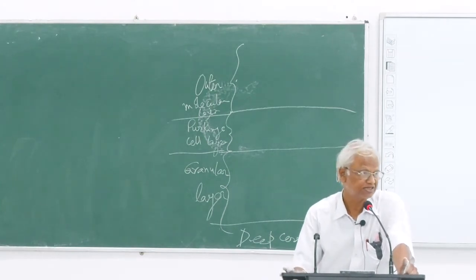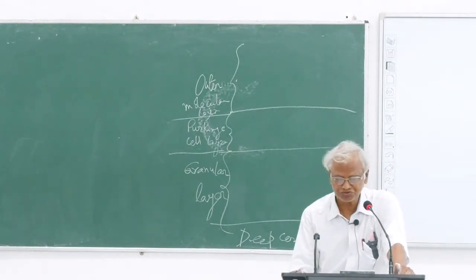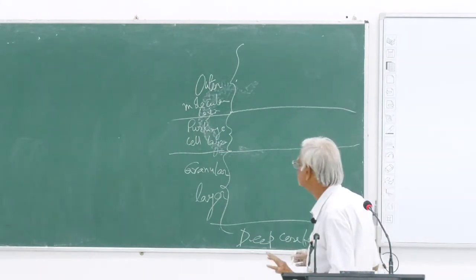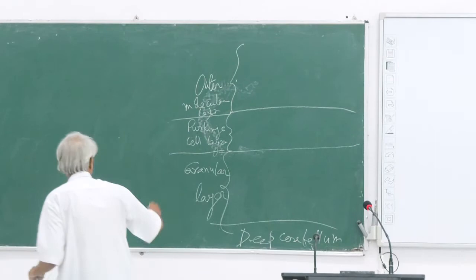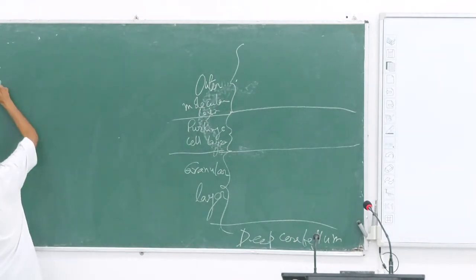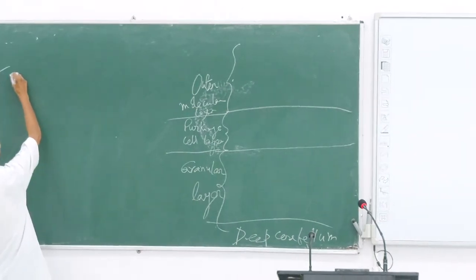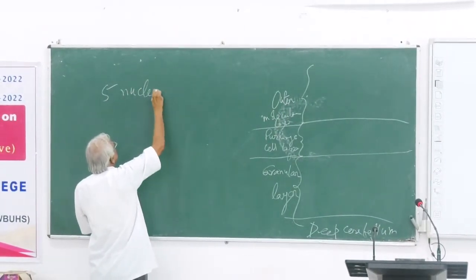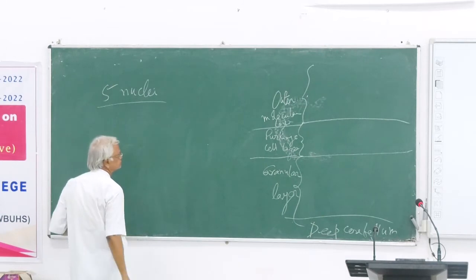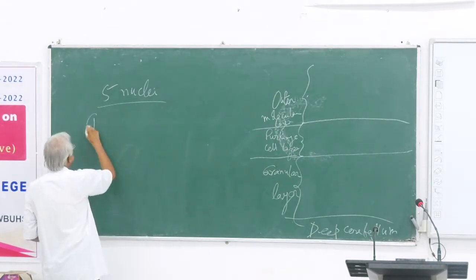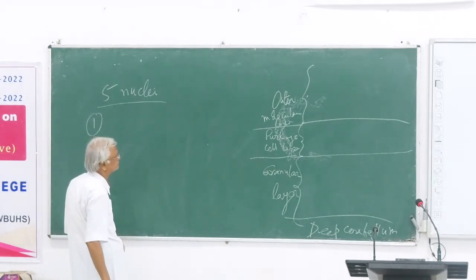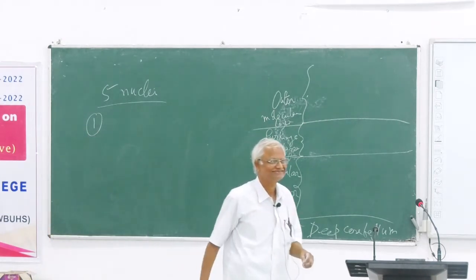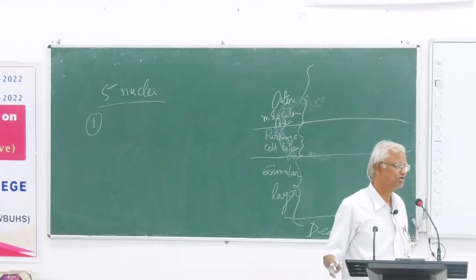So before you understand, you will first have to know the names of the cells. There are five in the cerebellar cortex, not the deep cerebellum.